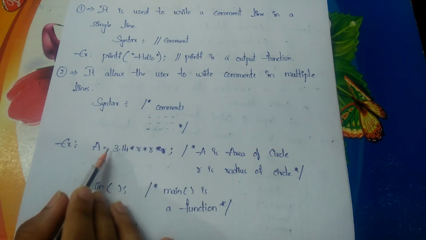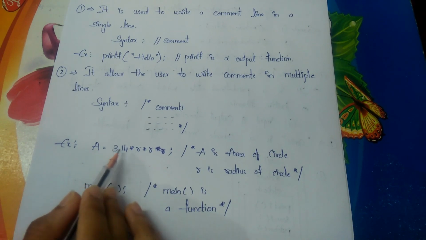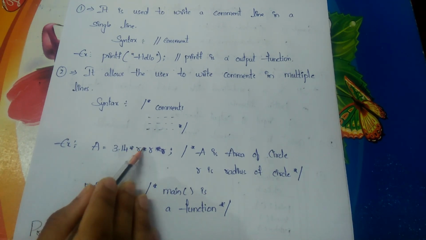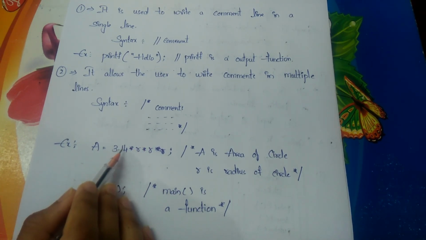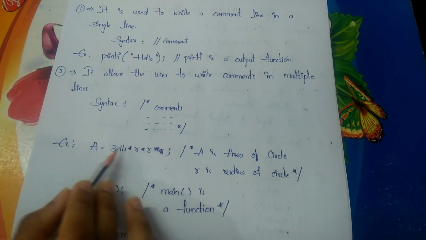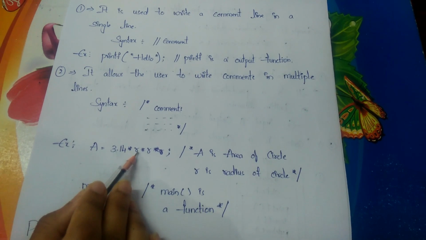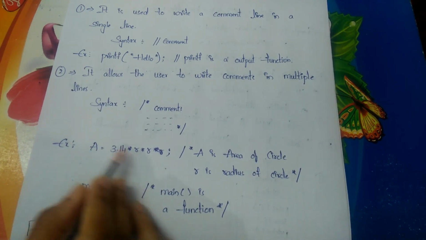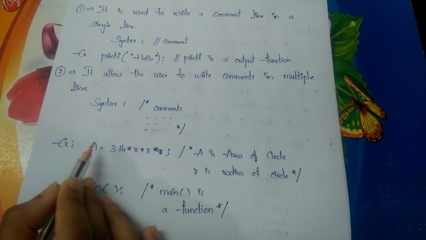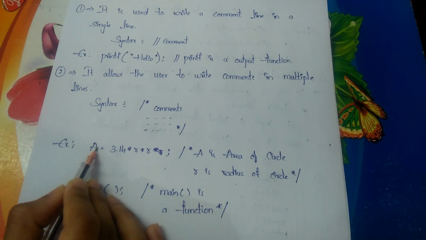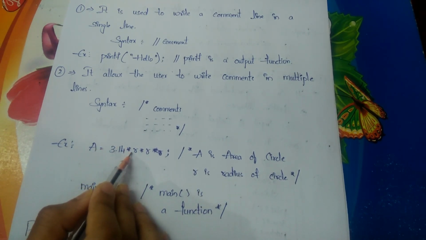For example, take A is equals to 3.14 into R square, which is the area of the circle. The user doesn't know what A means. A is the area of the circle, R is the radius of the circle.